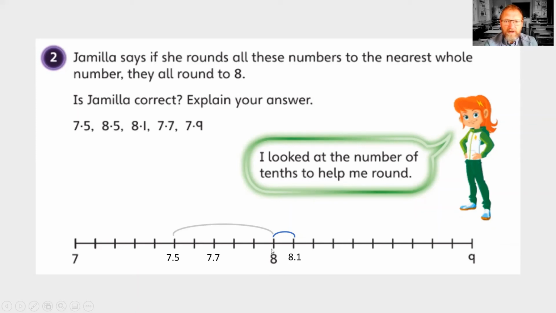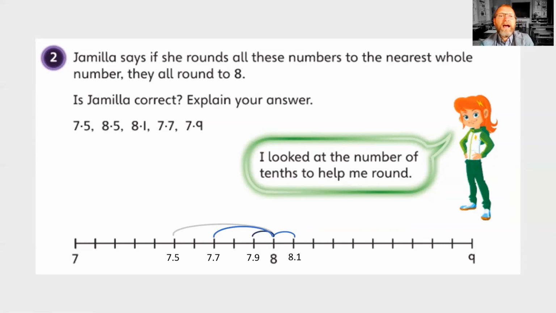Do we round it up to 8 or do we round it all the way back down to 7? Yes, we round it up to 8 because it's only 3/10 away from 8. And then let's look at 7.9. Are we going to round that number up to 8 or down to 7? Yes, we're going to round it up to 8.